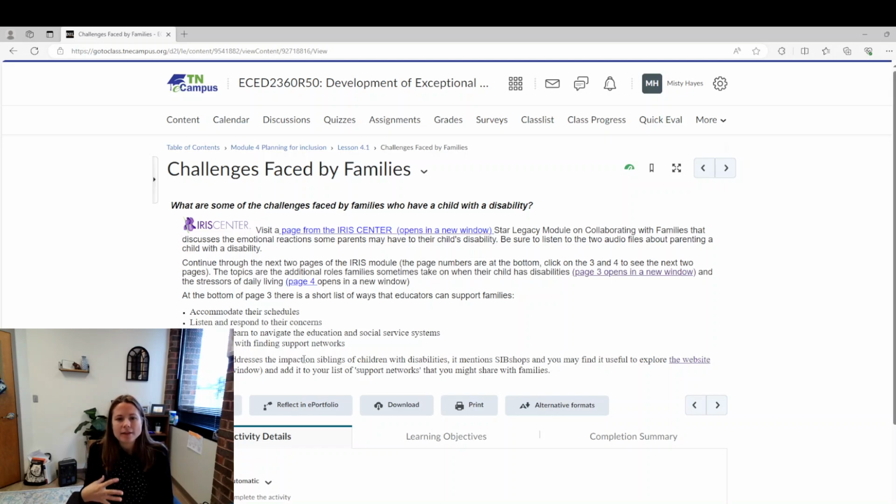Help them navigate the social service systems, meaning as early childhood, you in your community should have people or resources that you work with, those support networks, and connect the families to those people in the community that can help them.